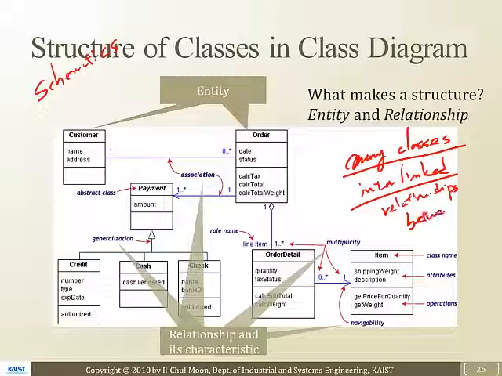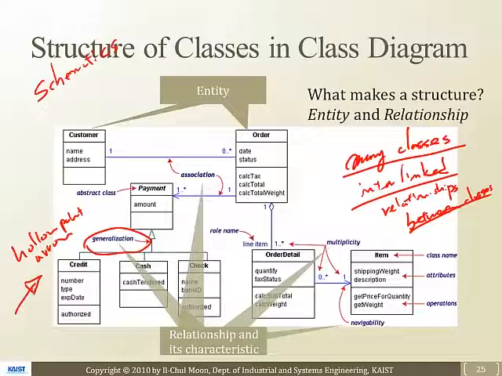We already covered one particular relationship between the classes, which is generalization. This is the hollow pointed arrow, and it looks like this. So it's the generalization.